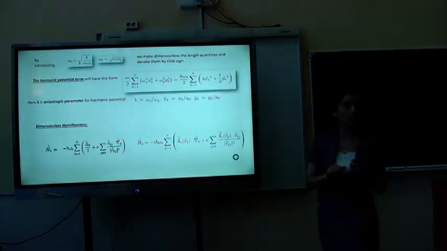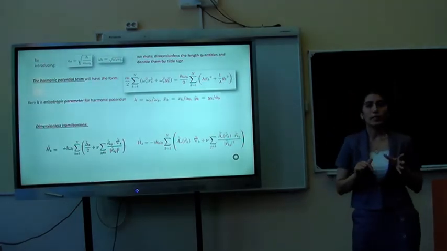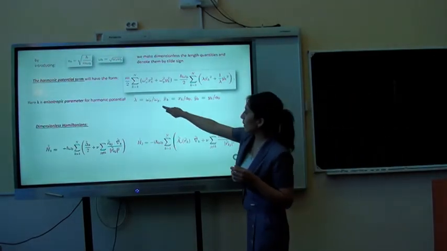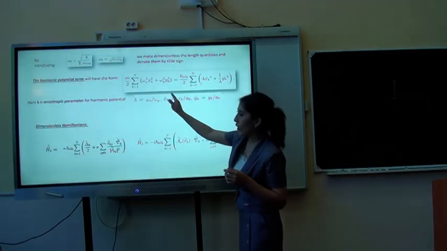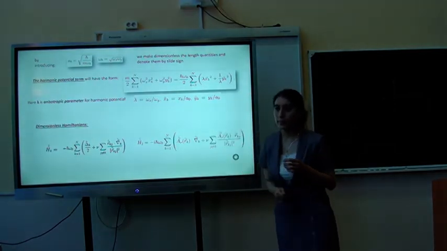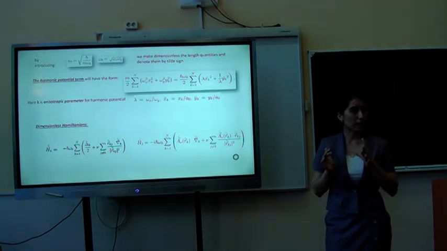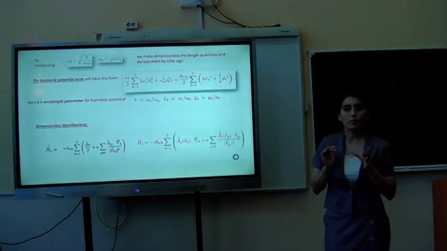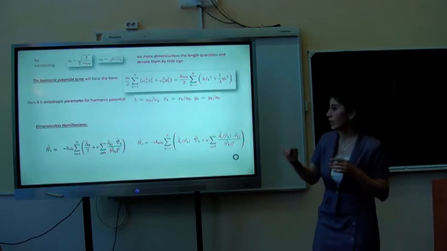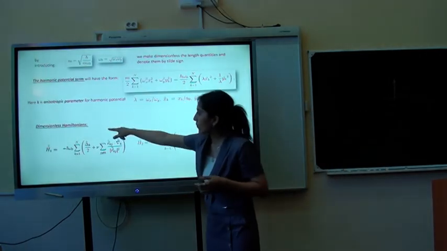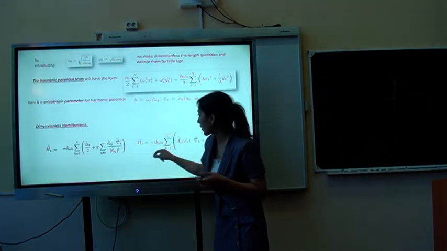Here, lambda is the anisotropic parameter. It is equal to omega x over omega y. That means if the lambda parameter is equal to 1, the harmonic potential or harmonic trap is not anisotropic. After we introduce these two dimensions, we have dimensionless Hamiltonians H1 and H2.